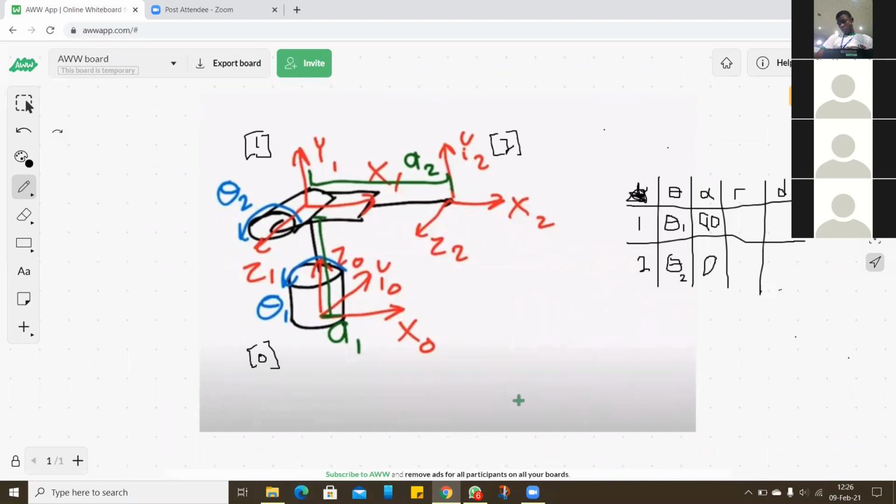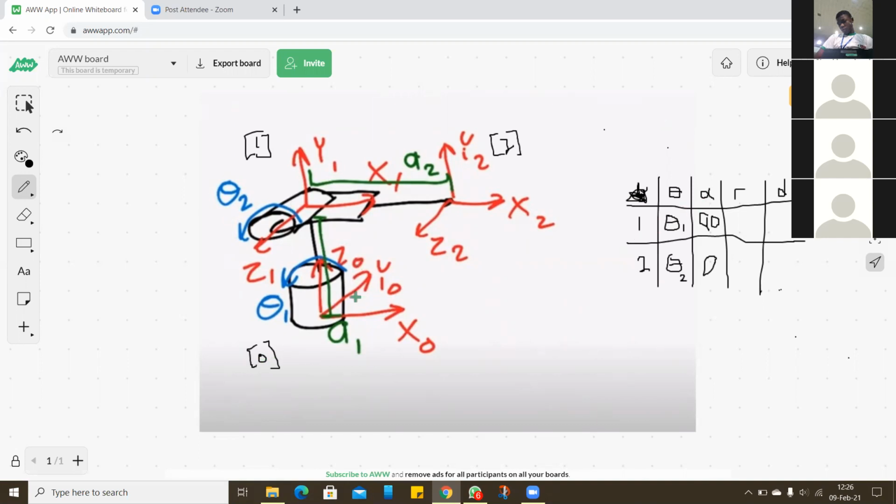Let me now define everything I've said using n and n minus 1. Theta is the rotation of frame n minus 1, which in this case is 0, to frame n along Z n minus 1, which is Z0.